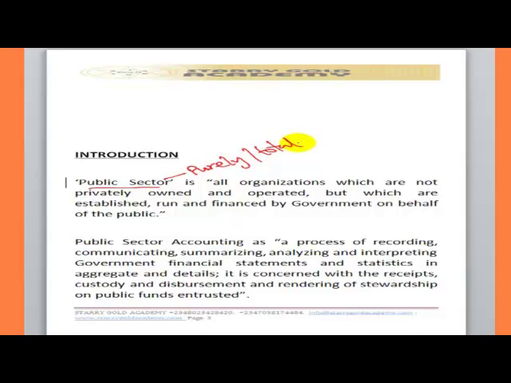So we're saying that public sector is all organization which are not privately owned and operated.